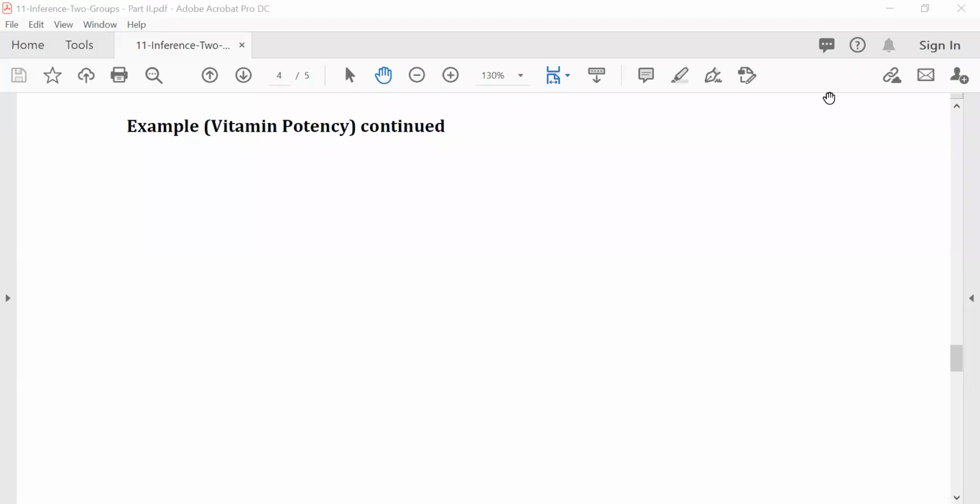Okay, now let's continue to take a look at how to calculate the confidence interval. So for a 90% confidence interval, let's plug in the numbers into the formula.